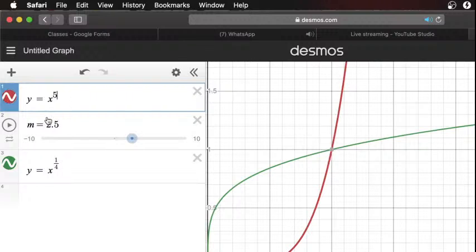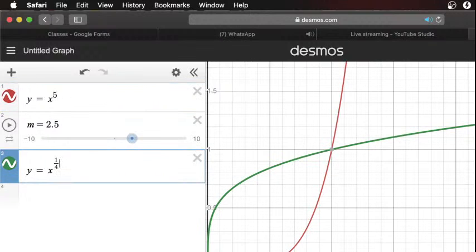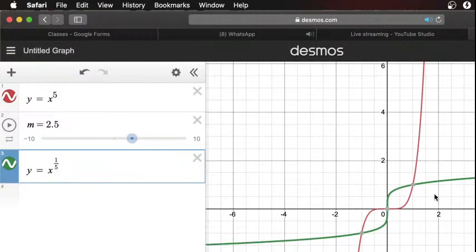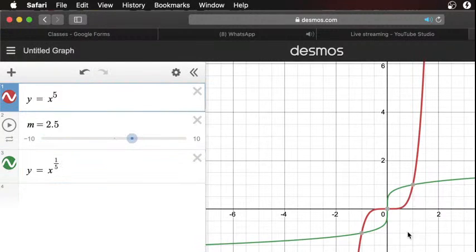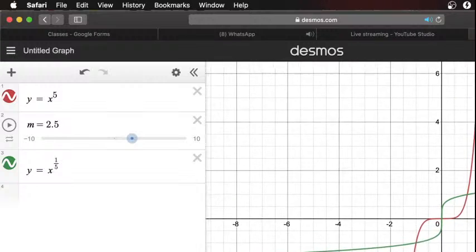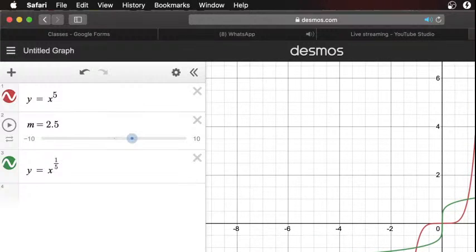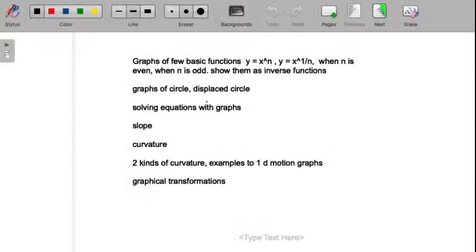Similarly, with x power 5, I would have these two functions once again as mirror images. So I could say that whenever I have a function y equals x power n and y equals x power 1 by n, these two are inverse functions.